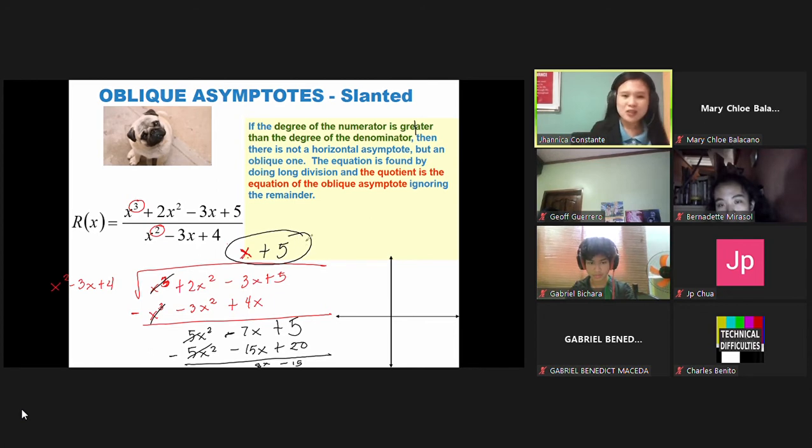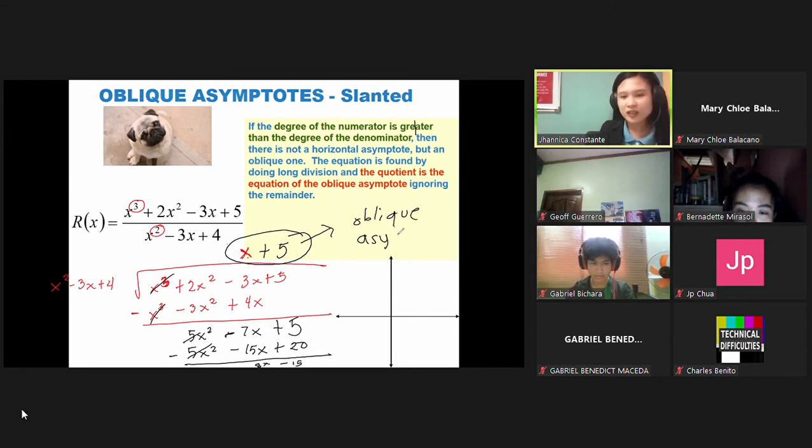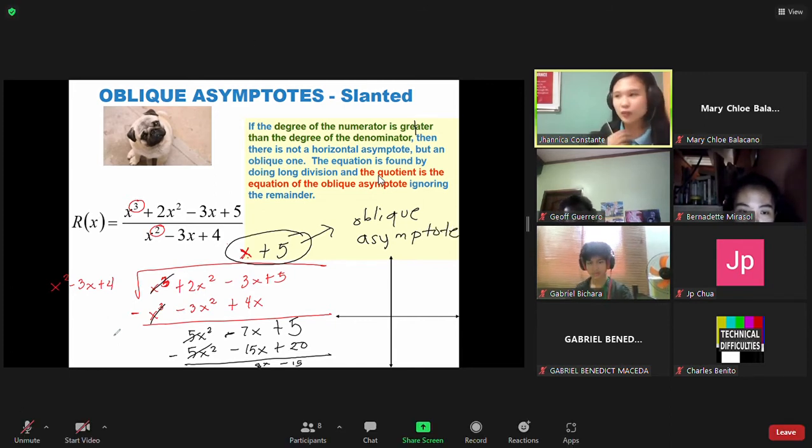Okay. So it's only x plus 5 that is our oblique asymptote. We're going to disregard the remainder that we have when we divide the numerator and the denominator of our rational function.